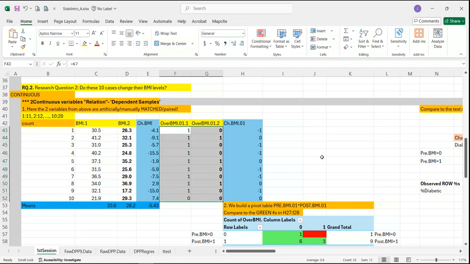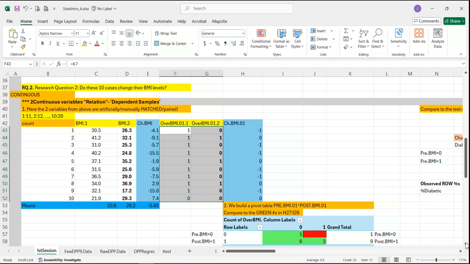And using the binary coded or the categorical being overweight or not at time 1 and at time 2, we can ask the same question, whether people change from one level to the other, overweight to normal and the other way around. So we're going to start with the test of the binary changes, which is being overweight or not, time 1, time 2.